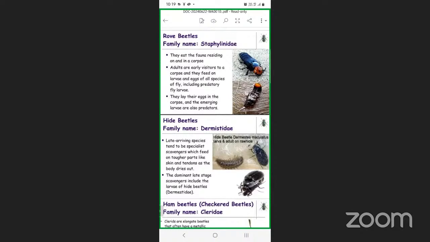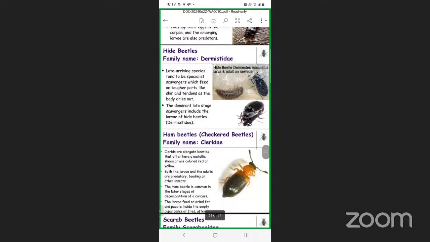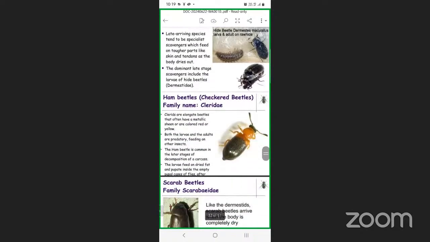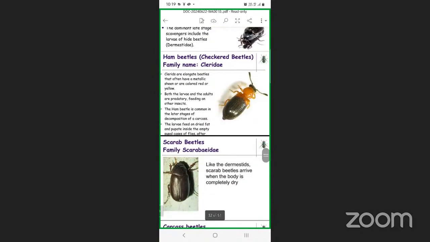Many of the species lay their eggs in the corpse usually. We also see the hide beetles and ham beetles. Ham beetles are very common in decomposing carcasses, and they have a metallic sheen, with a yellowish body toward the anterior side and a black body toward the posterior side.